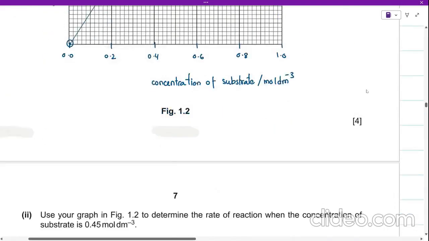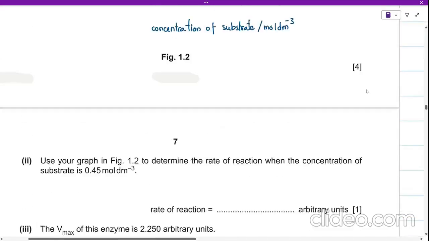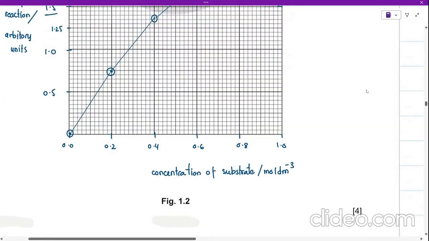So I hope it's clear. Let's move on. Use your graph in figure 1.2 to determine the rate of reaction when the concentration of the substrate is 0.45 mole per dm cube. So this is 0.5, and 0.45 will be in between, at the mid of this. Now you are going to show it with dotted lines, but using a ruler, not like I am doing.